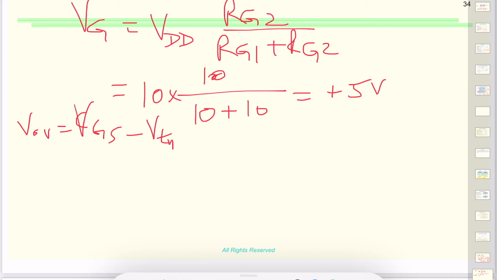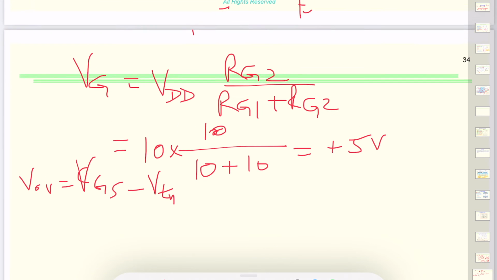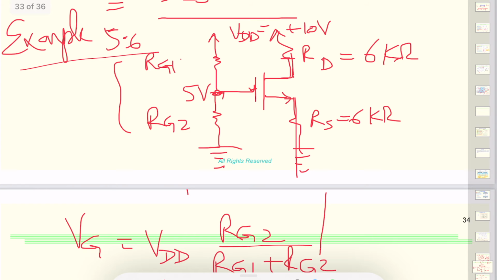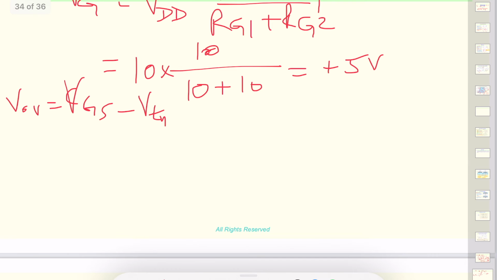All right, so what is the gate voltage? 5 volt, and to find the voltage at the source we can use this resistance times the current that's supposed to be passing through, which we don't know. So we can write down VGS is equal to 5 minus 6 ID.